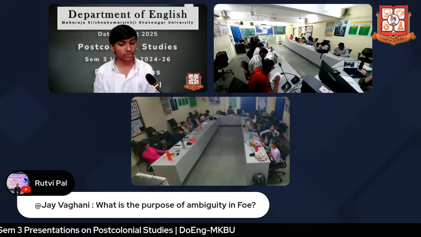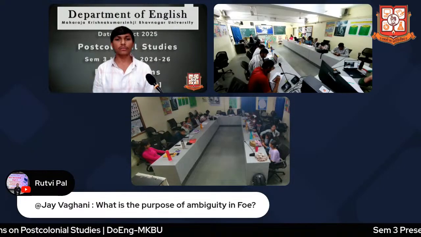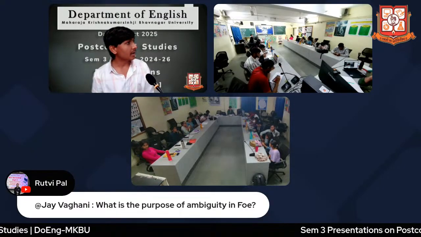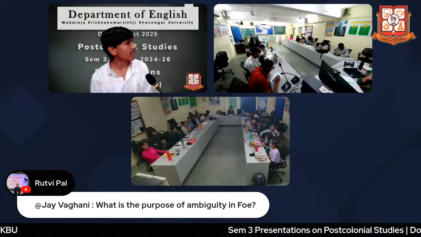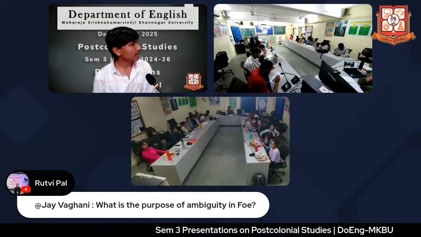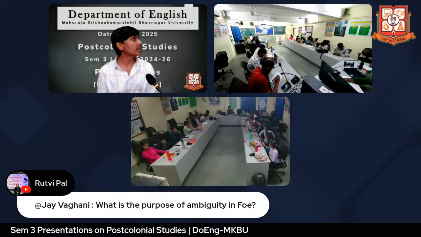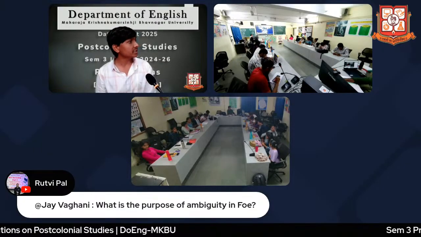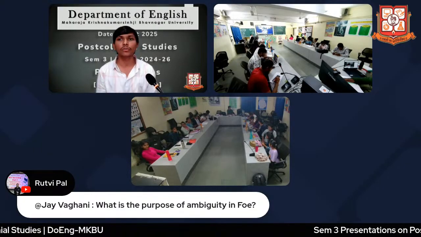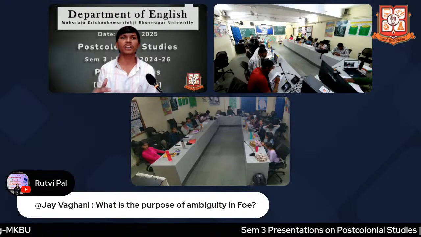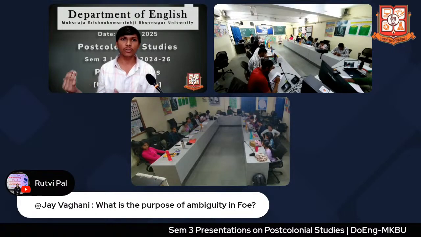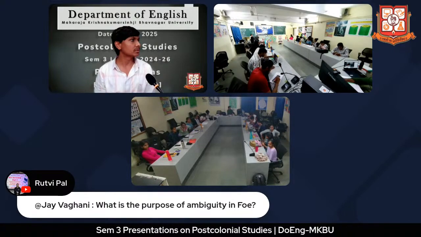Through these, we find the ambiguity, and Coetzee wants to show the real history. That is the main purpose of ambiguity in Foe, and so many things were hidden in the colonial era.